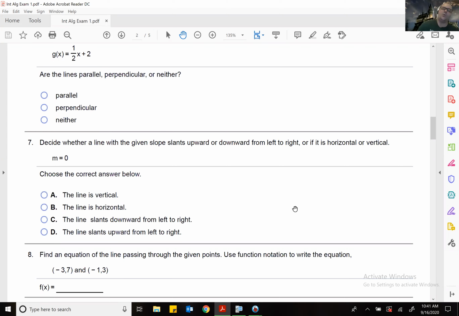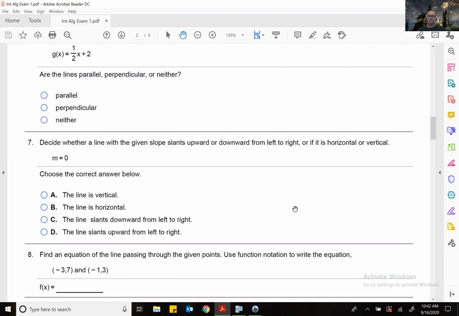Be happy. What would a slope for vertical be? Just to kind of review. 1? Nope. What would the slope for vertical be? All vertical lines have this slope. It never changes.